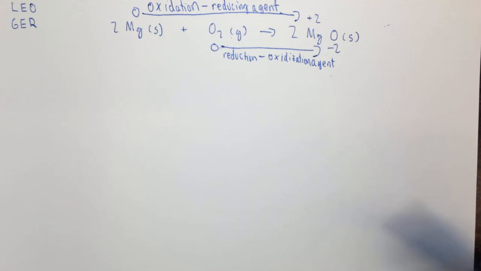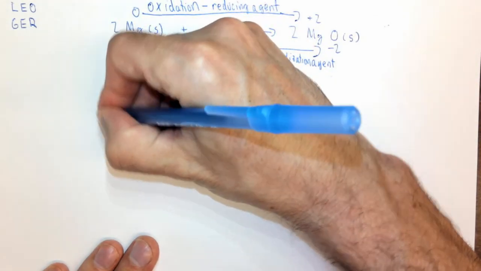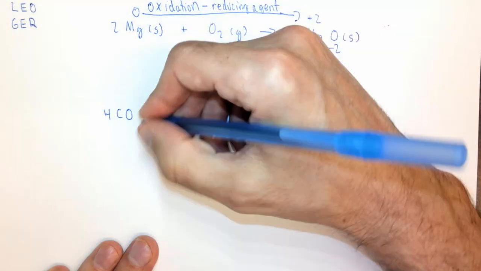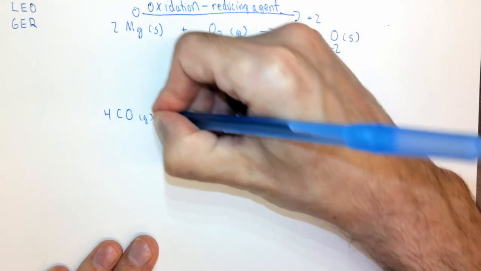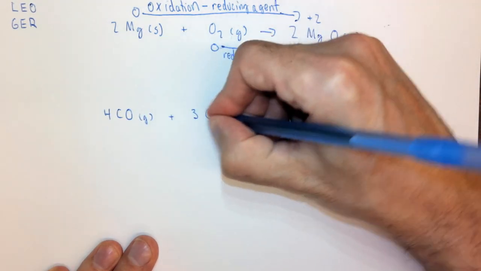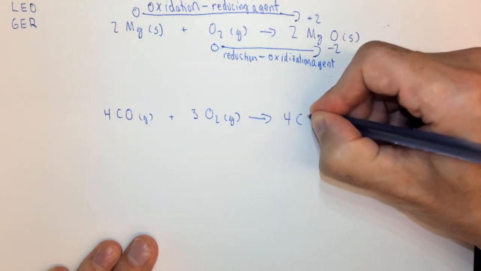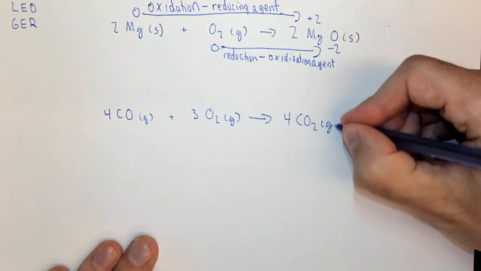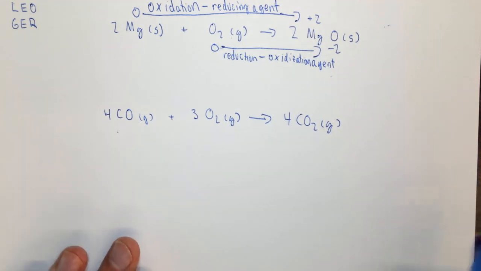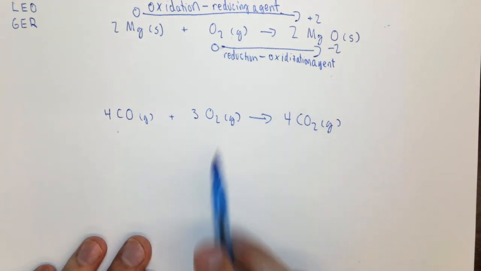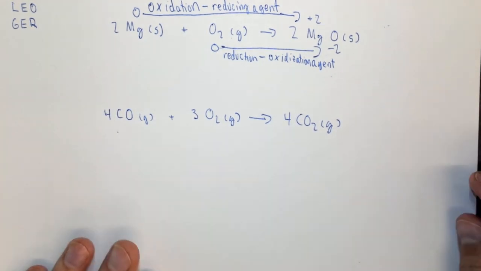Let's look at another example. Let's say we have 4 carbon monoxide, CO, gas, plus 3 O2 gas yields 4 CO2 gas. So here we have a reaction. In this case, we do have an element, but we also have a compound.